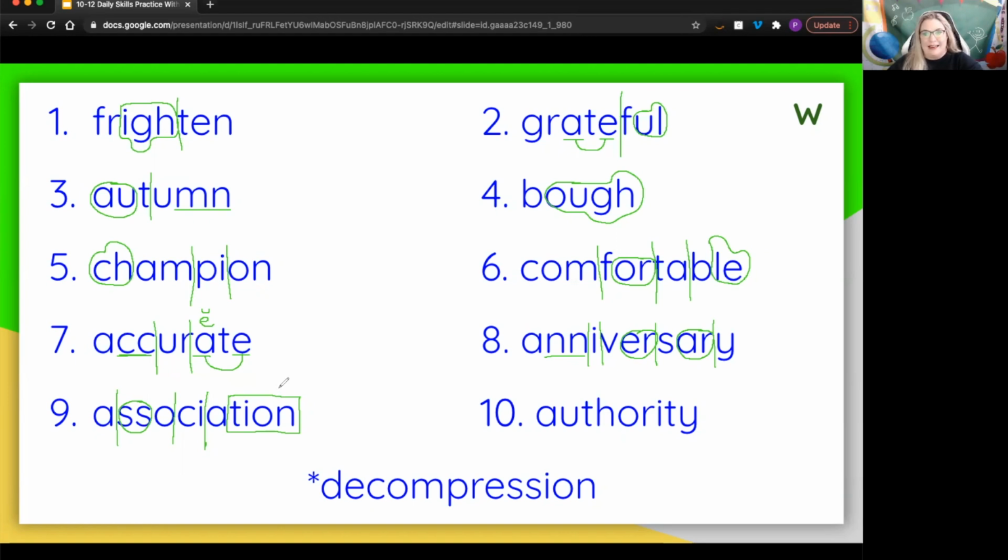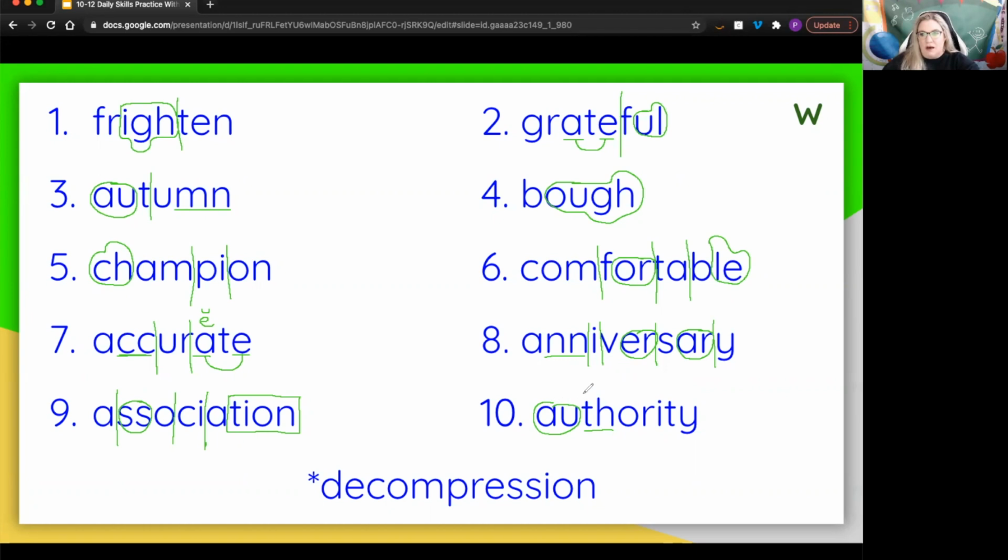Association. All right. Next up, we have AU making an ah sound, I bet, right here. TH goes together. This could be an ah, but I'm going to try an O sound. And it looks like we have one, two, three, four vowel sounds in here, so that'll be four chunks.